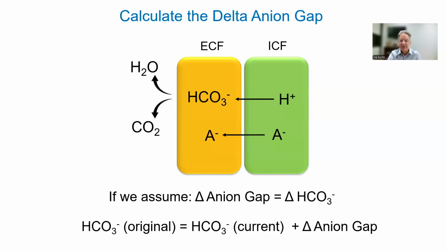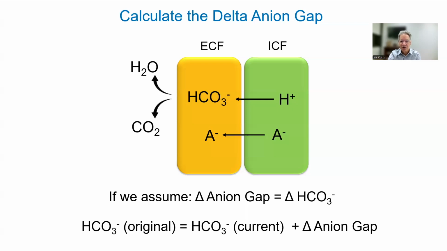But the assumption is that the anion load and the proton load go into the same volume of distribution, and that the anions aren't excreted, and that the bicarbonate is not generated by the kidney, and that the anion is not converted into bicarbonate. All these assumptions are not necessarily true.